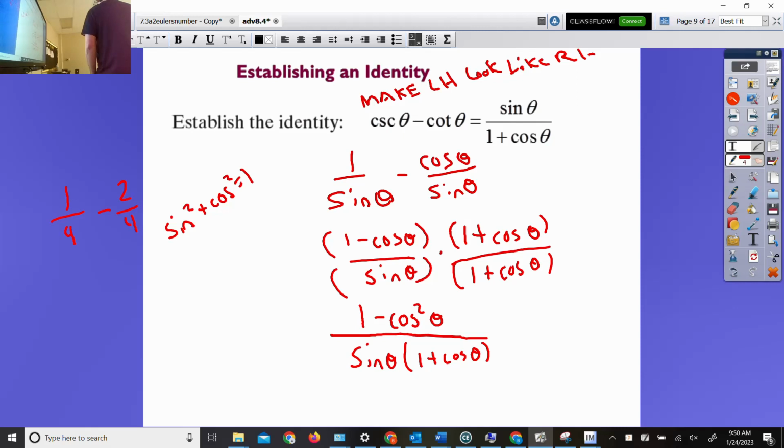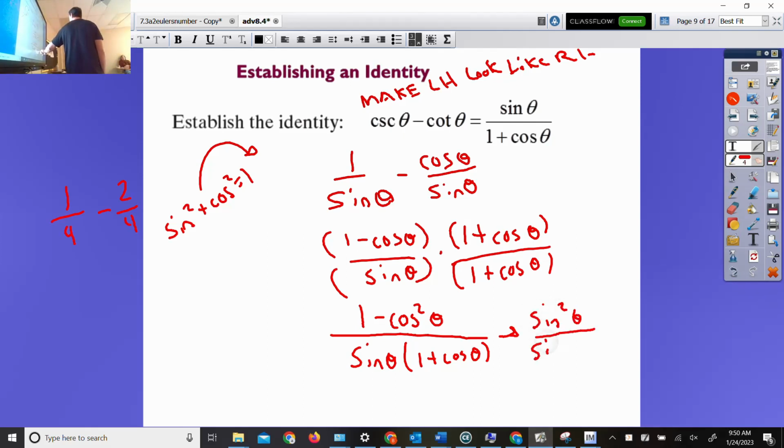And I guess whenever you take a test, you better write it all down. Anyways, shift your cosine squared over. You'll be sitting at sine squared theta over sine of theta times 1 plus cosine theta.